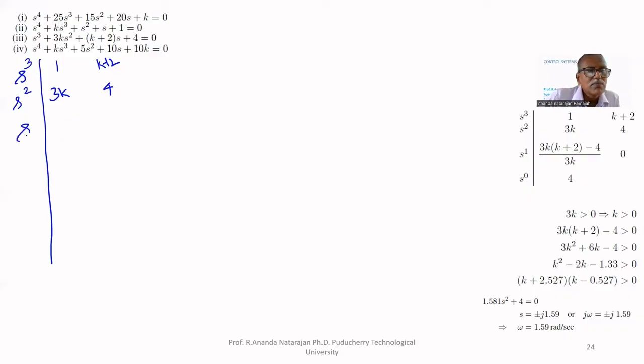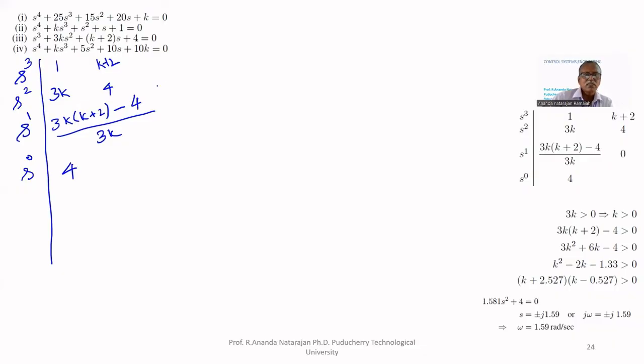So what you will get: S power 1 is 3K multiplied by K plus 2 minus 4, upon 3K. S power 0, you will get a 4.